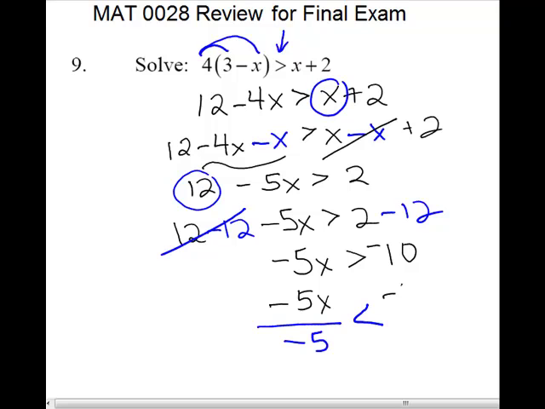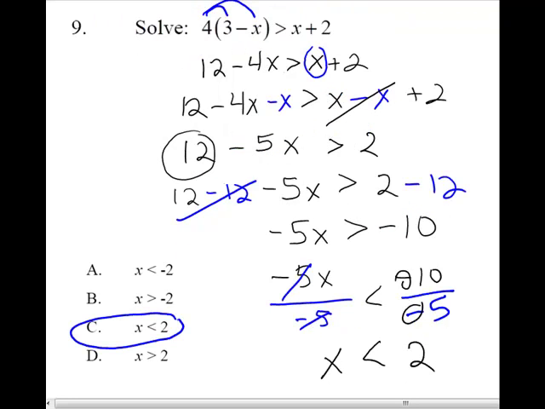So my order is switching. And we'll clean up. So we get x is less than, your 2 negatives here, that is even, will give you a positive. 5 into 10 will go 2. So x is less than 2. Our choice this time is C.